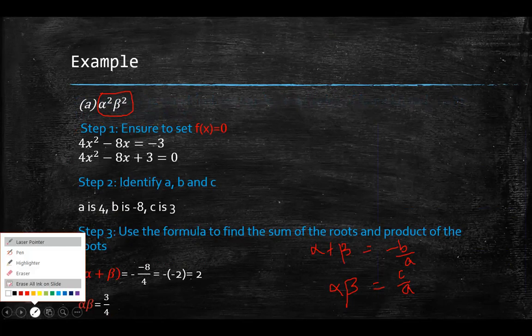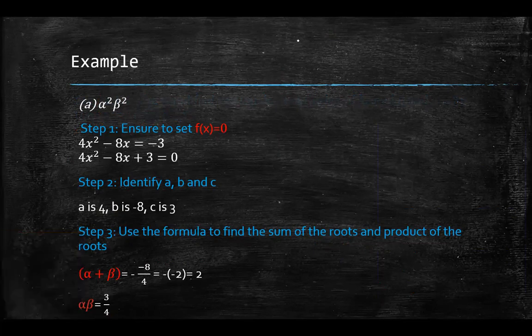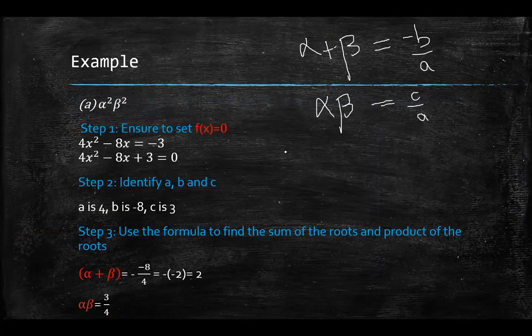You know how when we were only finding alpha plus beta, and we were trying to find alpha beta, we said that the formulas were minus b over a and c over a. It's the same step we're doing here. We're trying to find alpha plus beta, and we're finding alpha beta. You understand?